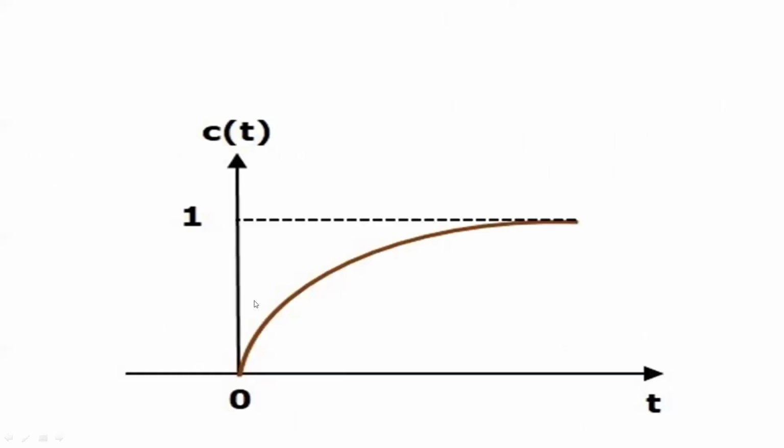In this equation, e power minus t by tau is the transient, and after this it is u of t, which is the input signal. The solid curve is C of t, and the dotted line is the input u of t. Finally we get the response: the transient response e power minus t by tau, and after this time, the steady state, which is nothing but u of t. That's the response of the first order system for unit step input.